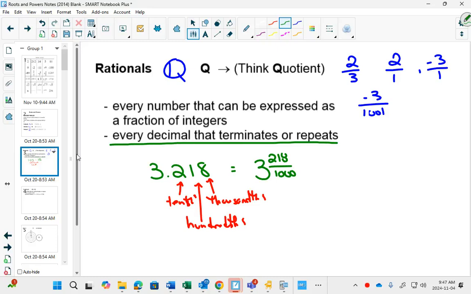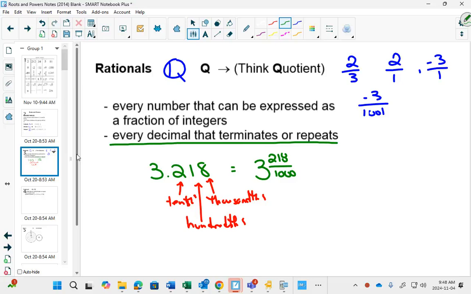If I go to the 8, which is in thousandths, I can write that fraction as 218 over 1,000. Of course, I could reduce that if I wanted to, but I'm just going to leave it like this right now, because it means that any decimal that ends, that tells us that you can write it as a fraction.